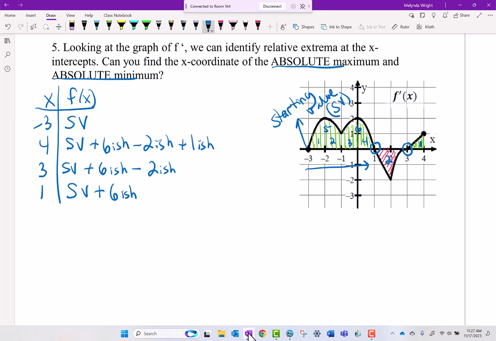Now, with that information, we can figure out which is the very largest value comparatively. And we will say, for this to work, we will say the starting value is a positive number.